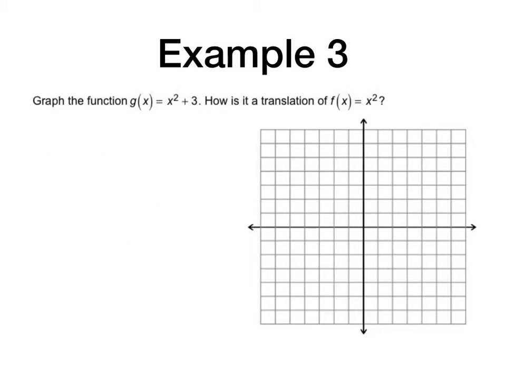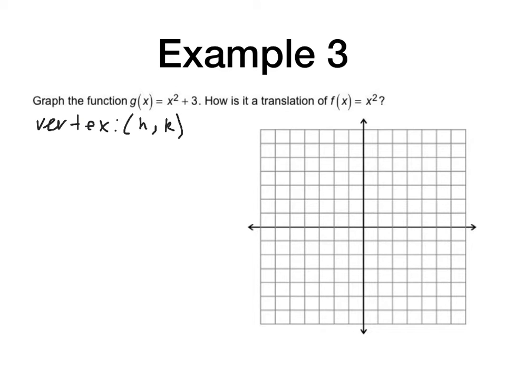All right, example 3. Graph the function g of x is equal to x squared plus 3. How is it a translation of f of x is equal to x squared? So again, we're going to find the vertex. Our vertex is h comma k. So what's our h here?